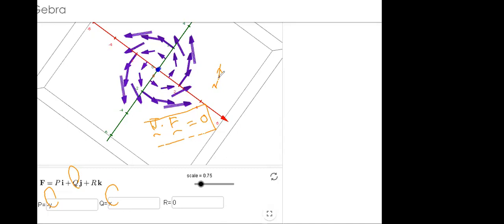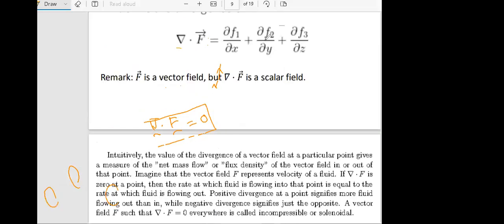So there is no flux at this point. Flowing in and flowing out are the same. Got it? So that is the divergence.